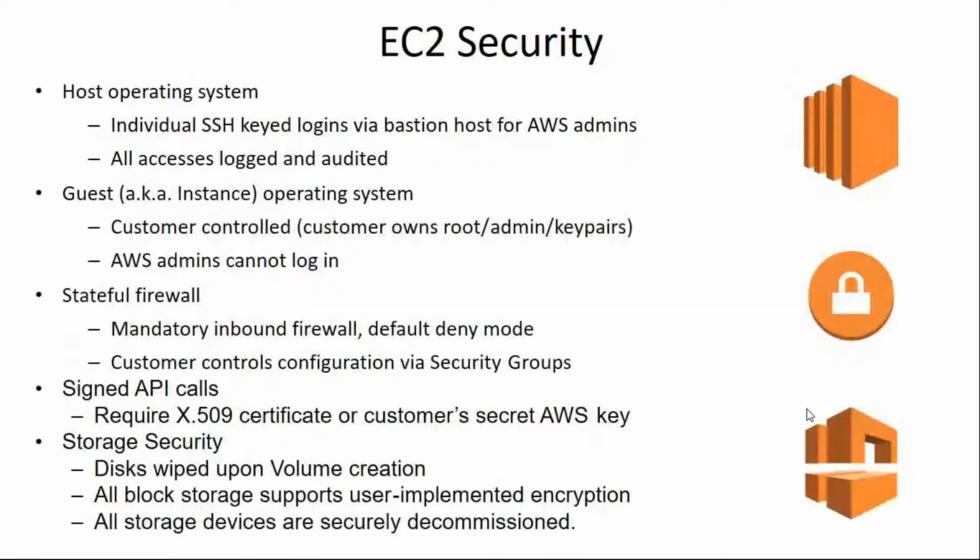Now EC2 instance security. EC2 means Amazon Elastic Compute Cloud; that is the full form of EC2. Security within Amazon EC2 is provided on multiple levels: the operating system of the host, the virtual instance operating system or guest OS, a firewall, and signed API calls.